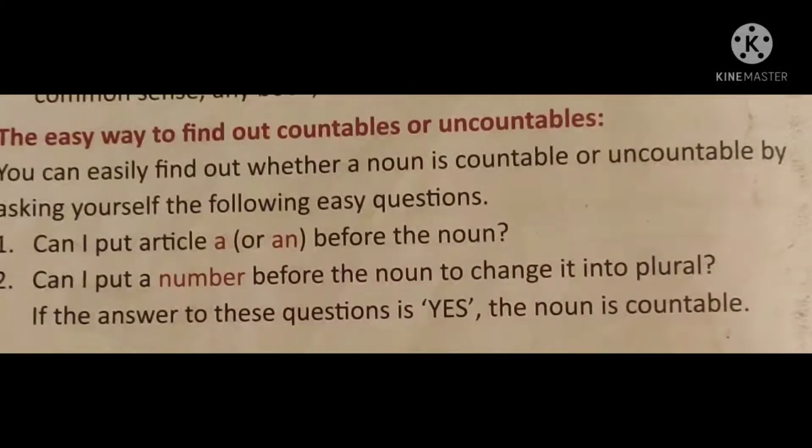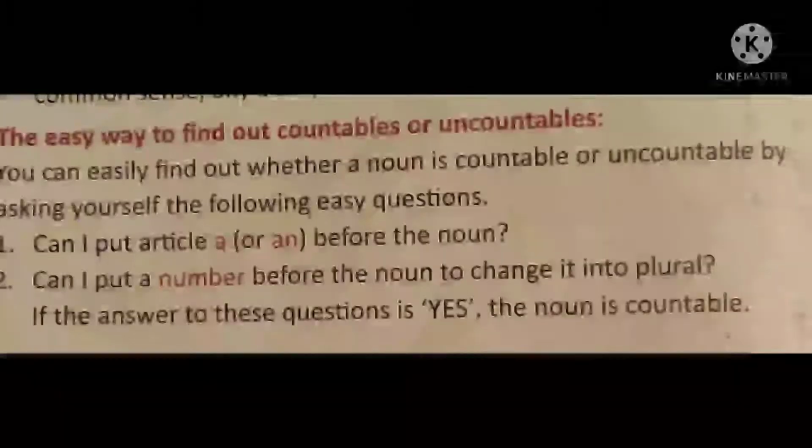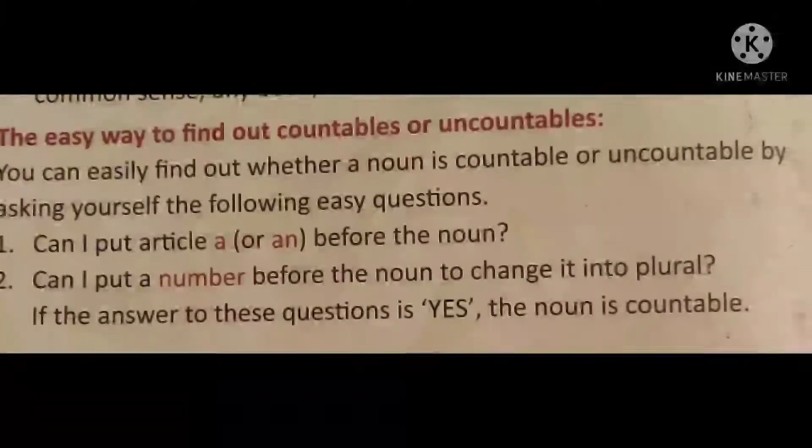You can easily find out whether a noun is countable or uncountable by asking yourself the following easy questions. First one, can I put the article a or an before the noun? We put the article a or an before countable nouns only.